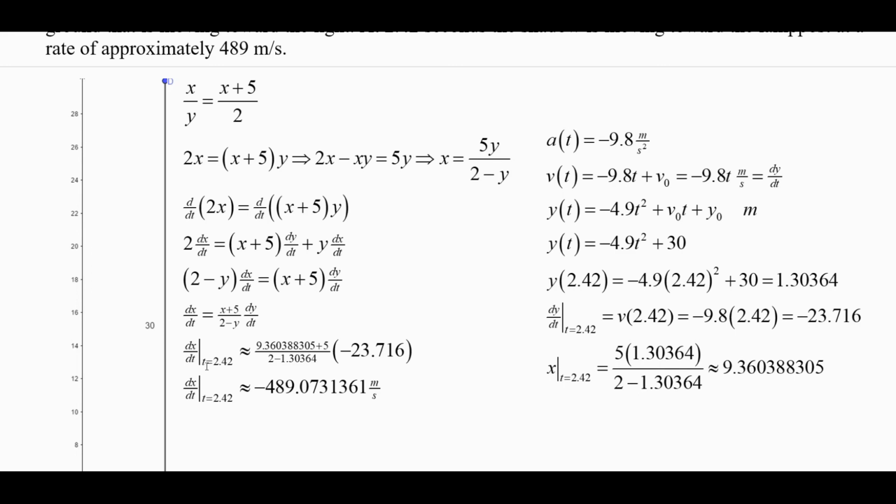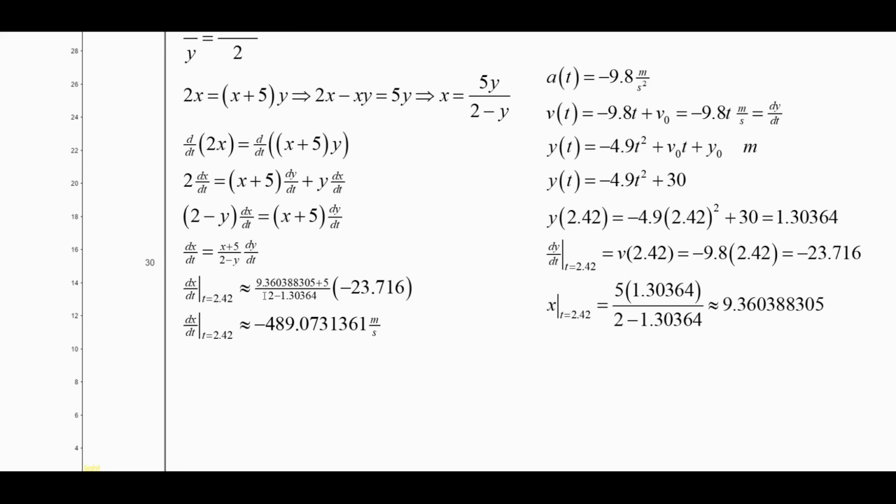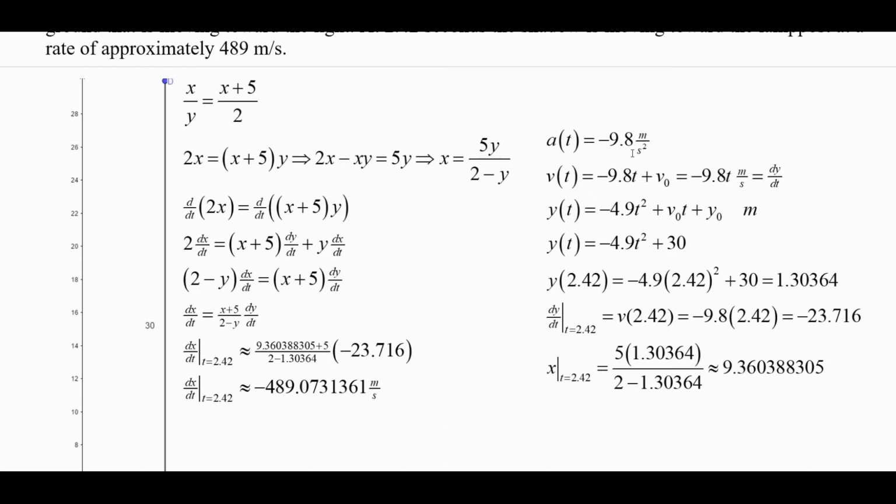Now I want to know what happens at a particular time, 2.42 seconds. So I need to plug in what x is, what y is, and what dy over dt is. Okay, so I've got a little computation on the side over here. When we talk about a falling body problem, we know that the acceleration due to gravity is approximately negative 9.8 meters per second squared. It's constant.